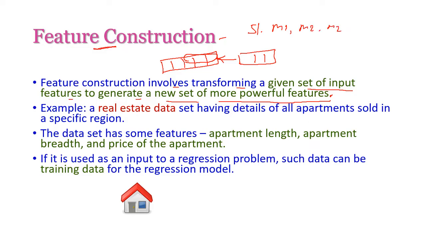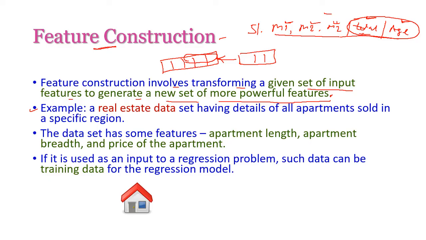From these we are going to generate additional features called total and average. Total is equal to mark 1 plus mark 2 plus mark 3, because compared to the individual marks, the total gives more information, as does the average. These two are newly generated, more powerful features.